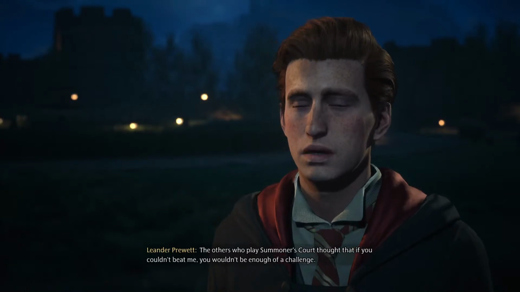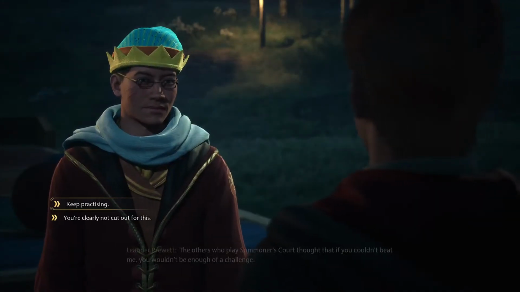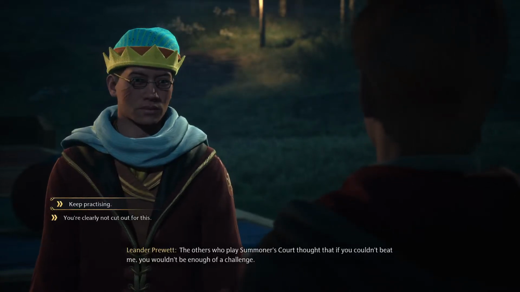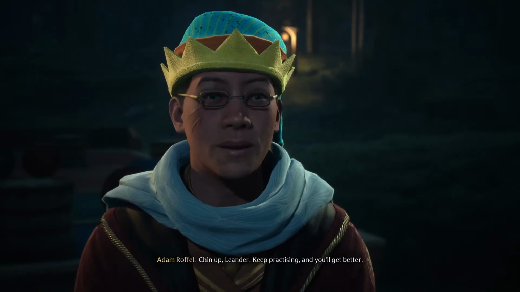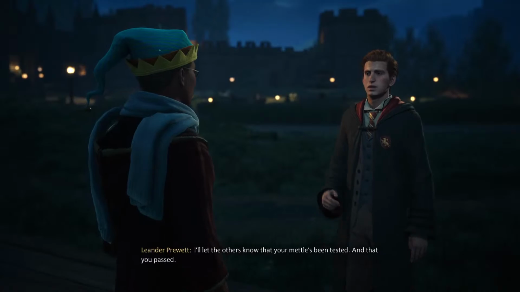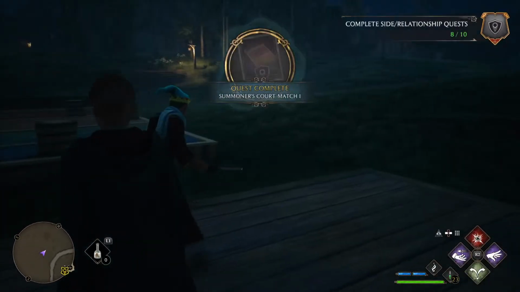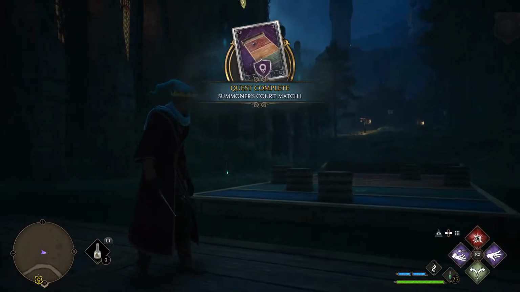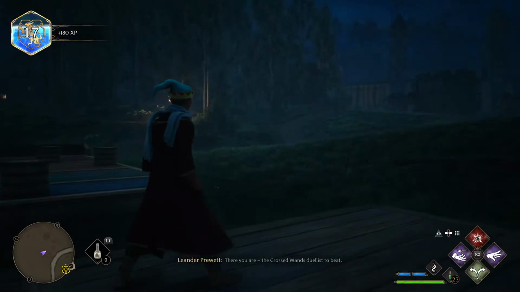The others who play Summoner's Court thought that if you couldn't beat me, you wouldn't be enough of a challenge. Chin up, Leander. Keep practicing and you'll get better. I suppose you're right. I'll let the others know that your metal's been tested, and that you passed. There you are. The Crosswands duelist to beat.